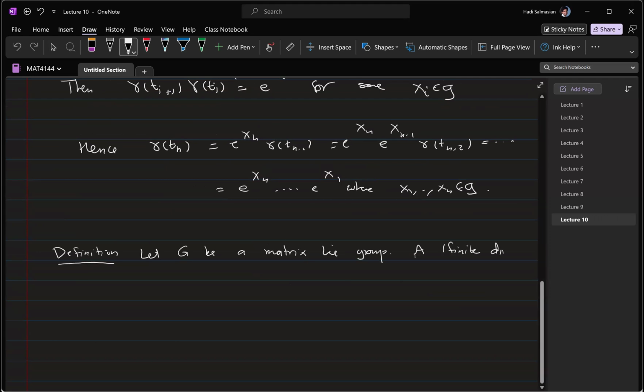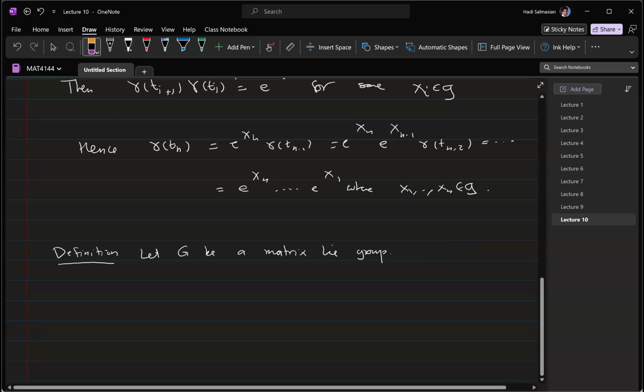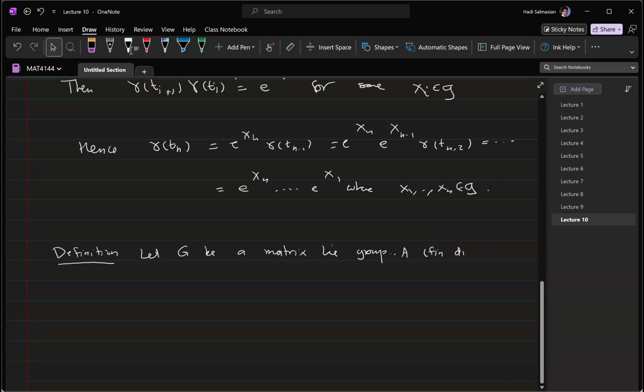So you can consider infinite dimensional representations as well, but let's not do that in this course. Because of space issues, I write finite dimensional in this abbreviated way.